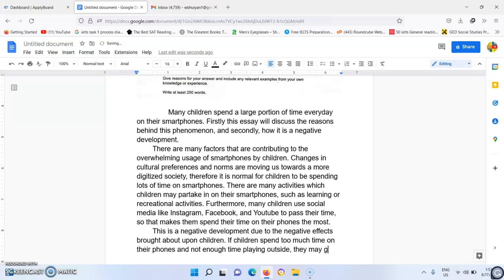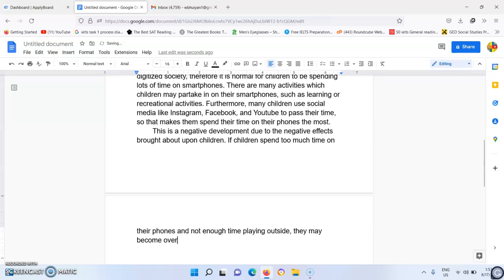they may become overweight and less physically active.